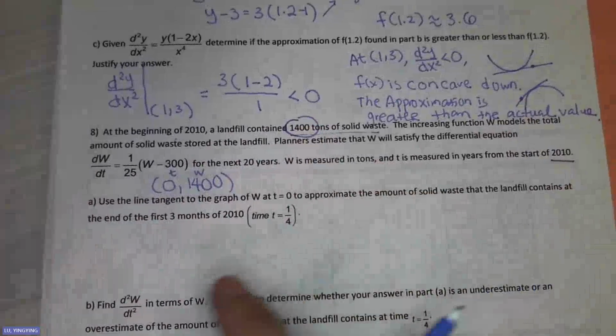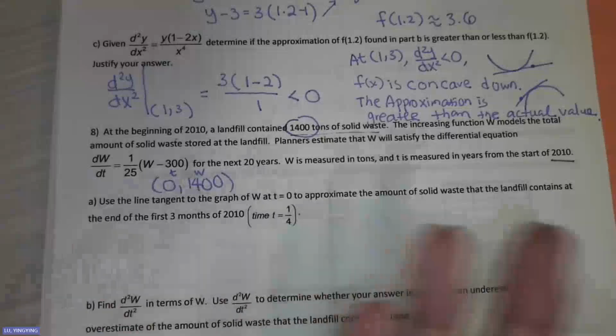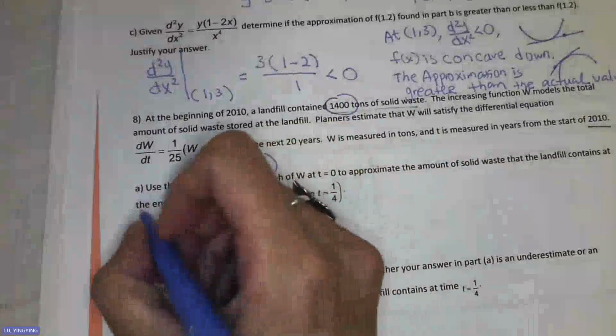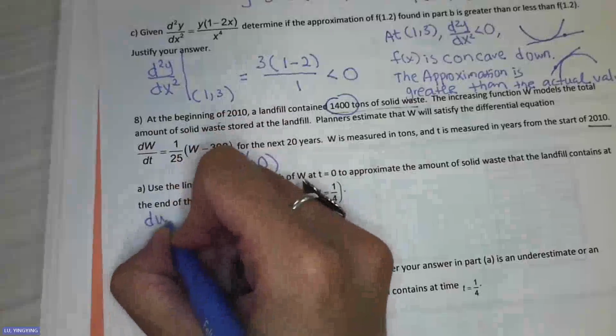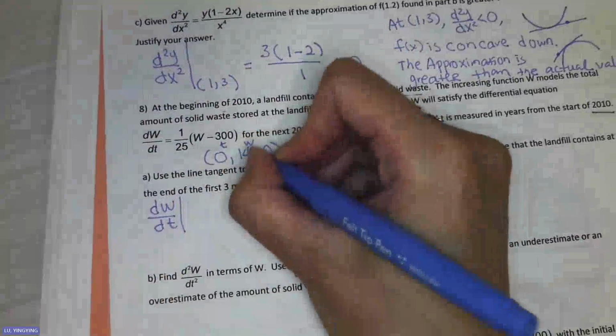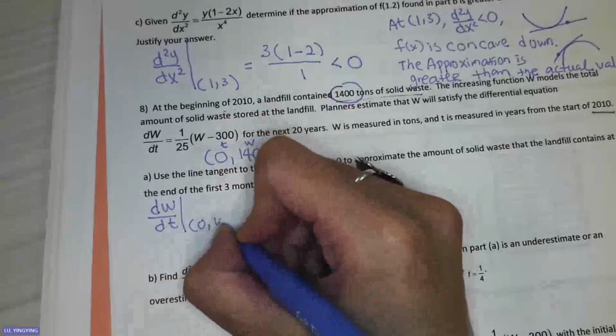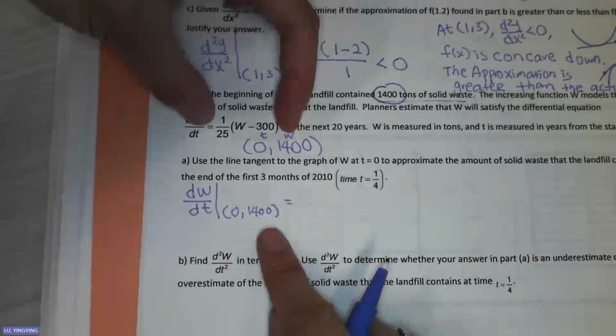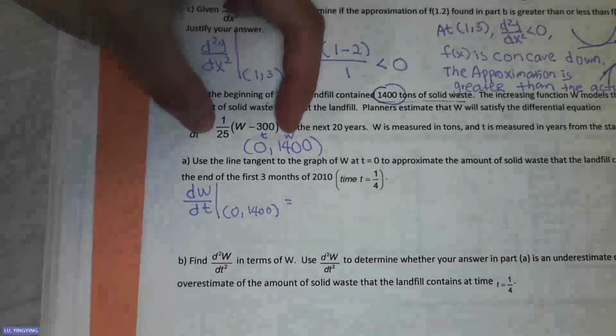So that's our initial value. Do you know the slope? We've got to find it, right? How do we find slope? Plug in. Okay, so first things first, write your notation down: dW/dt at what point? This point, 0 and 1,400. Plug into your dW/dt equation, right? Now in your dW/dt equation, there is no t.